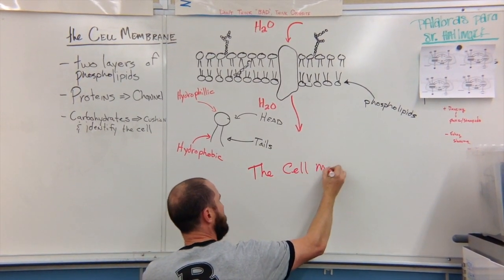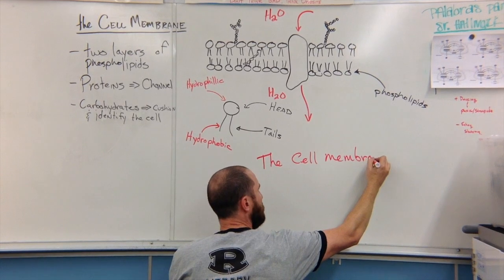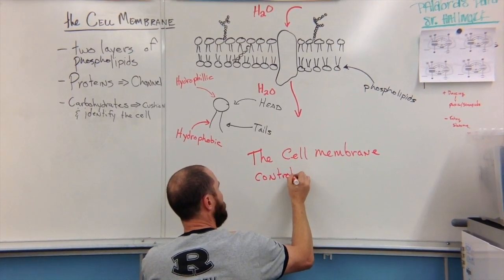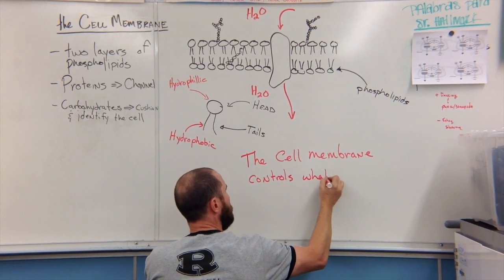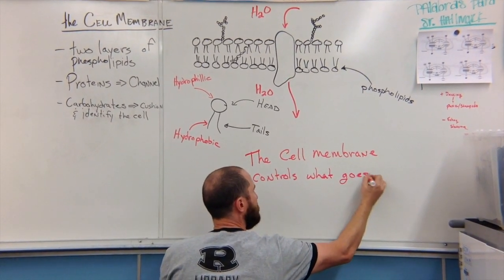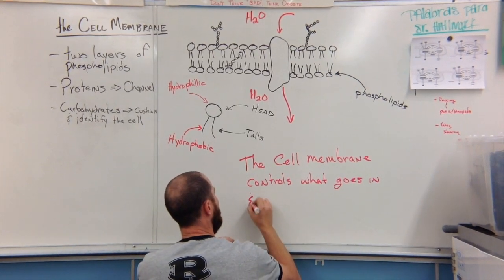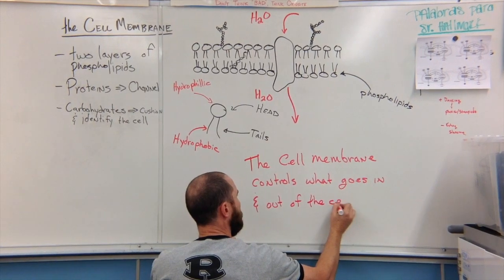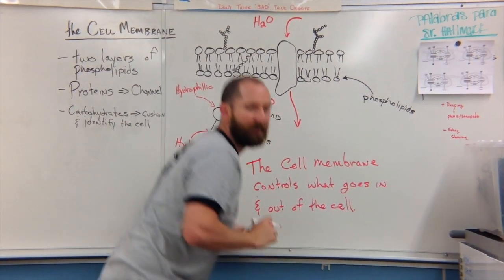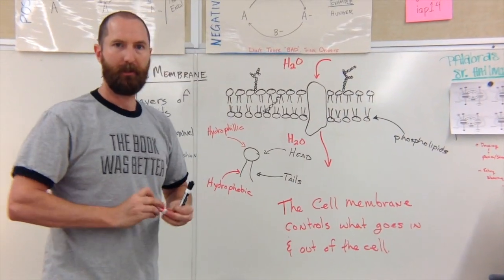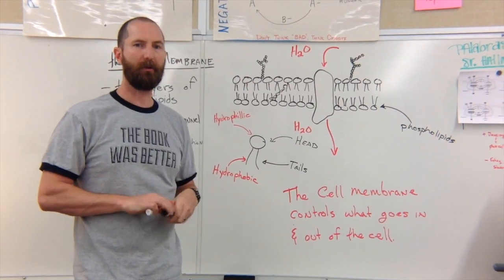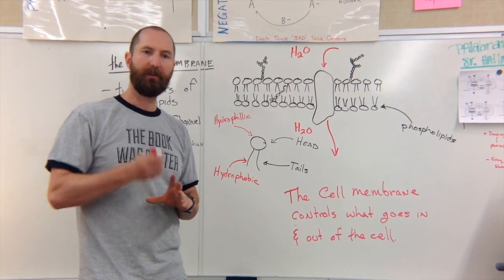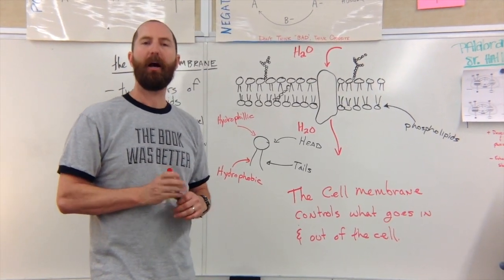The cell membrane controls what goes in and what goes out of the cell, which is a pretty big, important function. Regulating what comes in and what comes out really controls a lot of what happens inside of the cell. So those are the main points that we need to remember about the cell membrane.